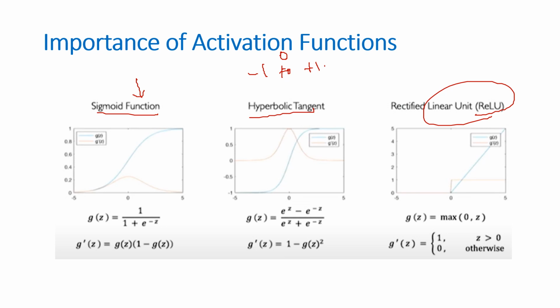But both the sigmoid function and the hyperbolic tangent function suffer from the vanishing gradient. We'll understand vanishing gradient later in the upcoming videos when we learn about backpropagation. But apart from introducing nonlinearity, without these activation functions, taking a partial derivative when we train the network is not possible.